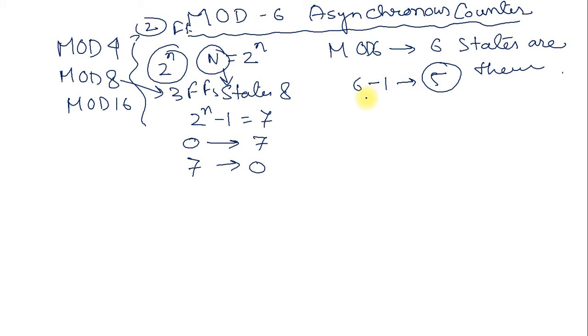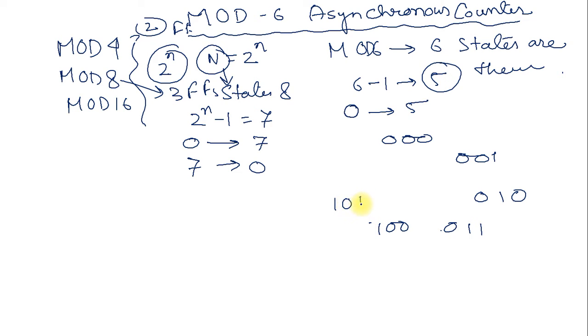If it is an up counter, it can count 0 to 5. So I can write 000, 001, 010, 011, 100, 101. How many states are there? 1, 2, 3, 4, 5 and 6.